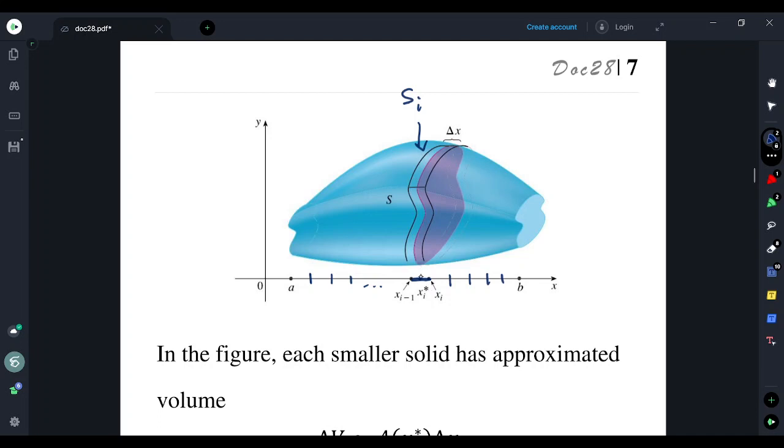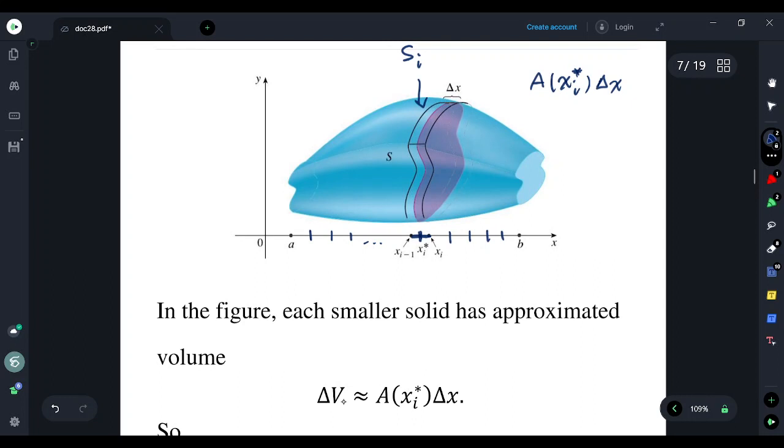That means we take a point x_i star in between, and then calculate the area A(x_i star), then we consider the approximate solid with the same cross section. So this smaller approximated solid has volume A(x_i star) times delta x, right?